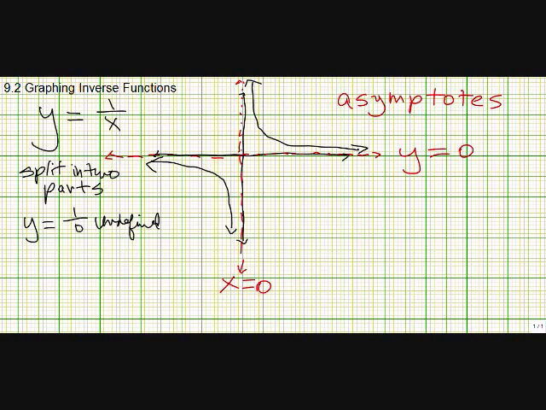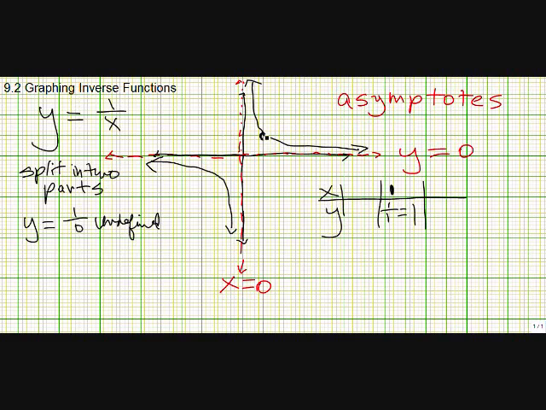Okay? So now I'll try to graph some points on this. So let me make myself up a little XY table. And I'm going to graph the upper right first. So if x is 1, then y is 1 over 1, better known as 1.